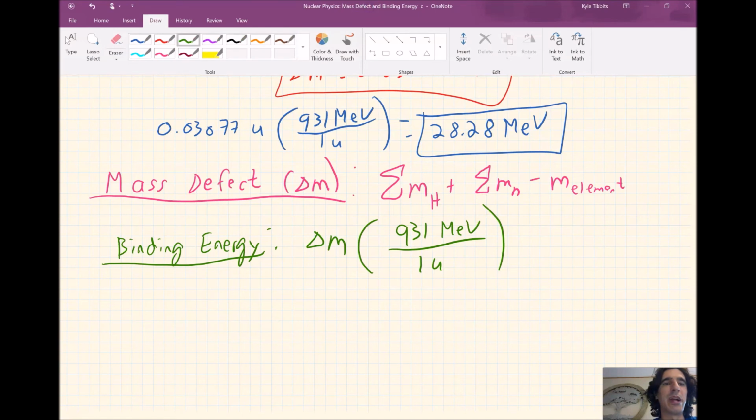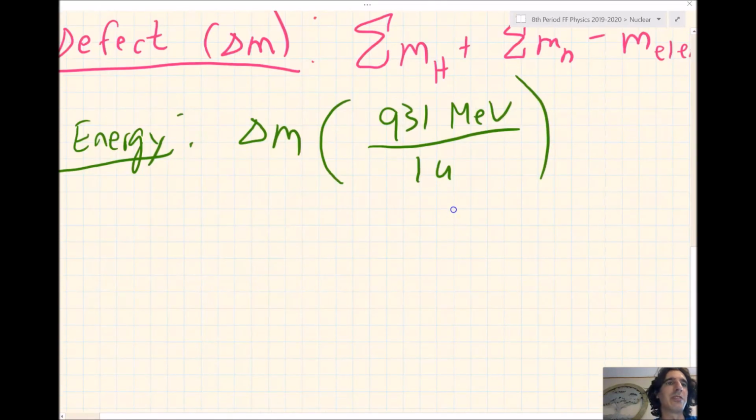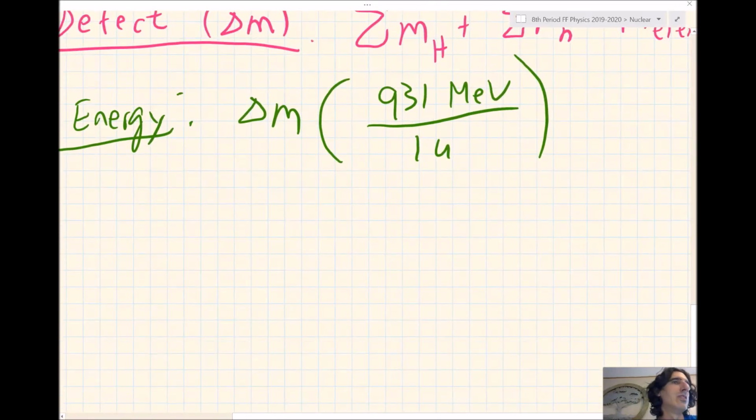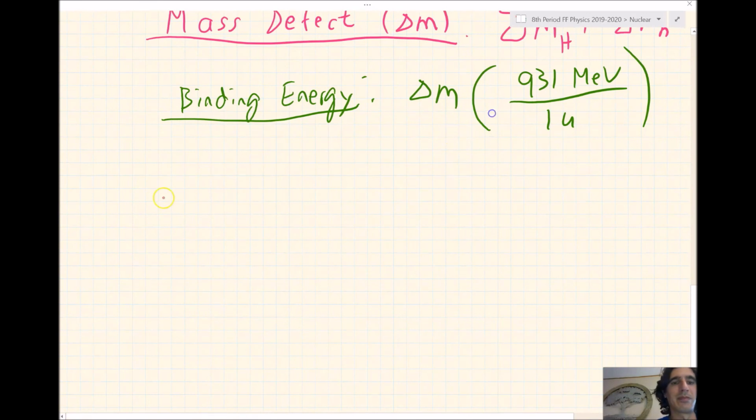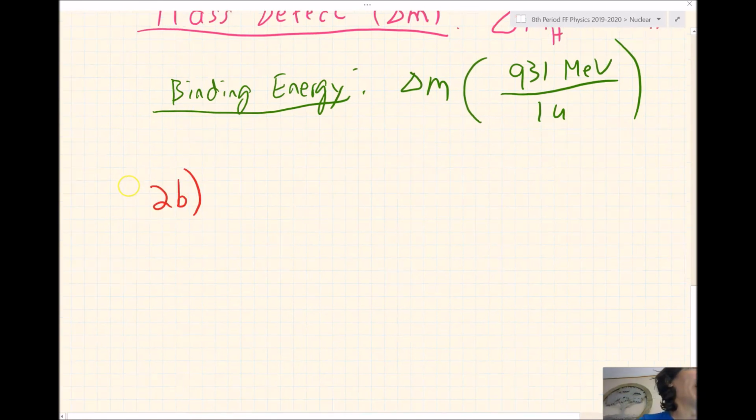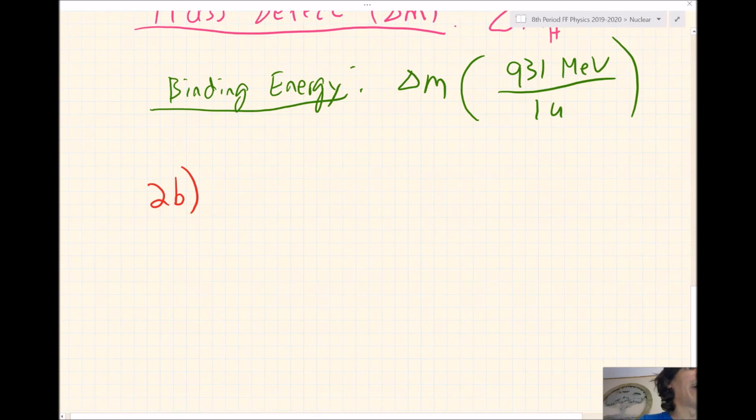Let's do another practice problem from your worksheets. Why don't we do number 2B? 2B asks, what is the binding energy of the following atoms?